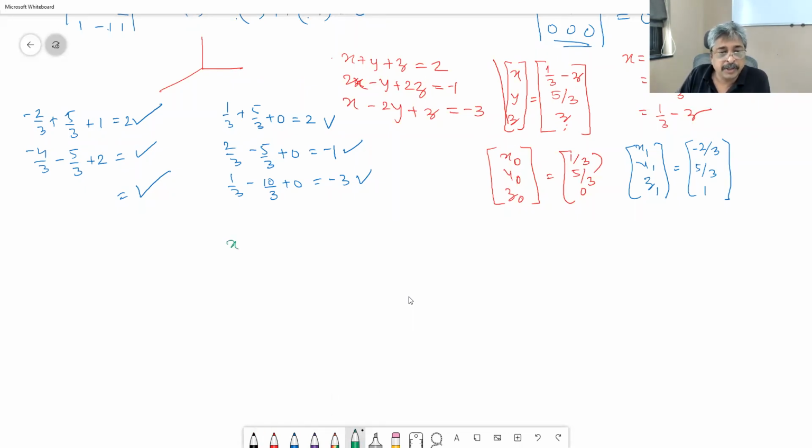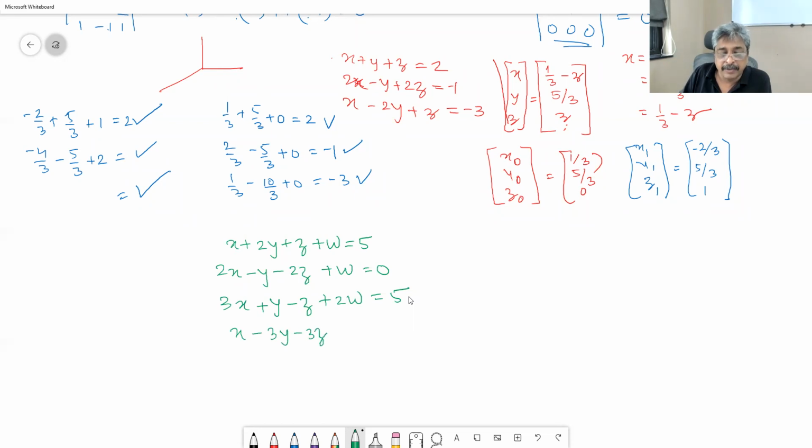The system of equations is x plus 2y plus z plus w is equal to 5. 2x minus y minus 2z plus w is equal to 0. 3x plus y minus z plus 2w is equal to 5, and x minus 3y minus 3z plus 0w is equal to minus 5.